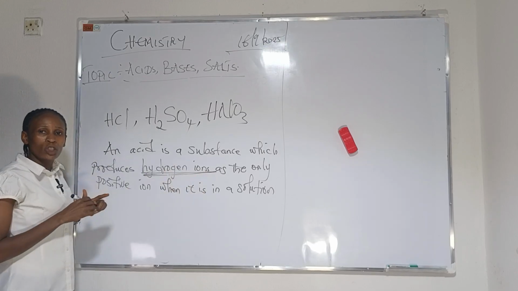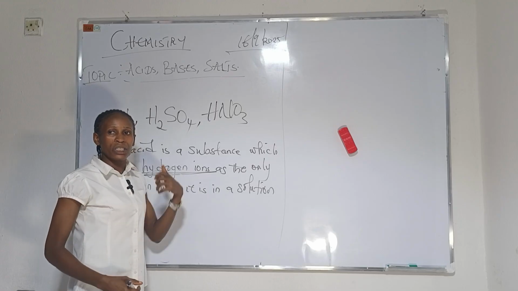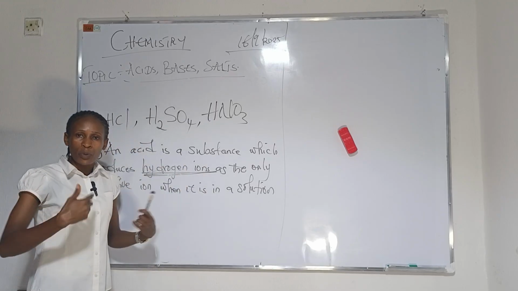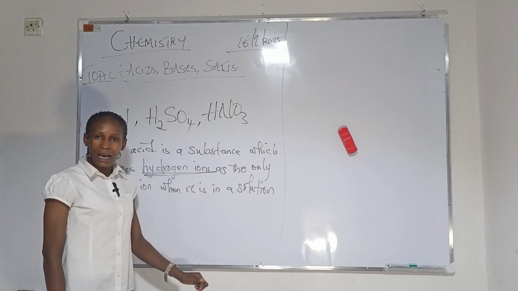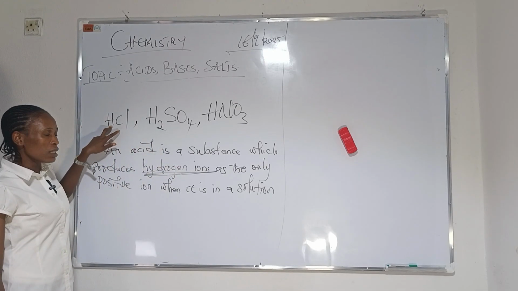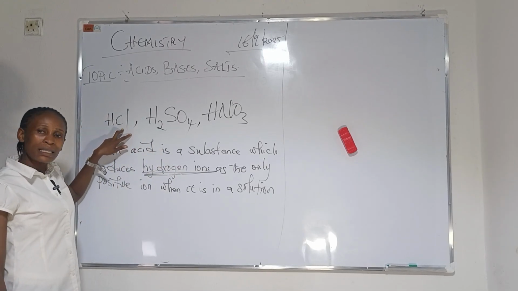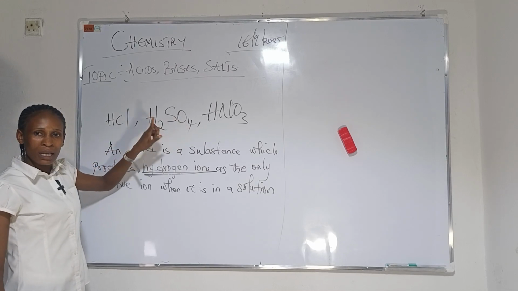That is what I am trying to point out, so that you will understand what we mean by hydrogen ion and how it is produced, so that when you see an acid, you can easily identify it. Let's take, for instance, the first one. This is hydrochloric acid. This is hydrogen tetraoxo sulfate 6 acid.